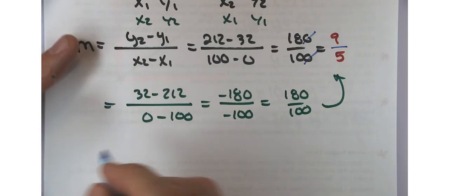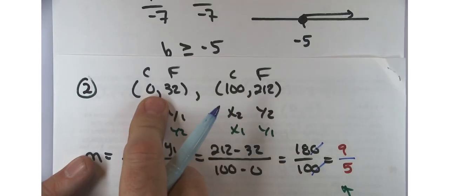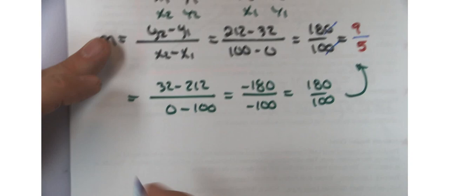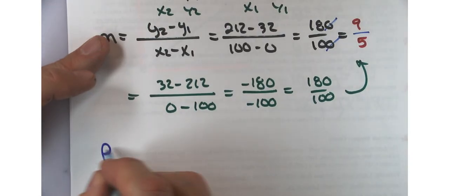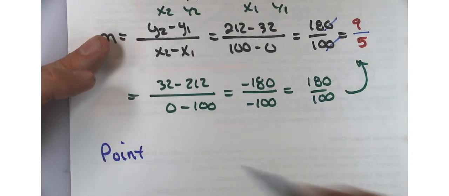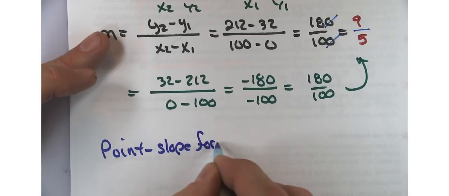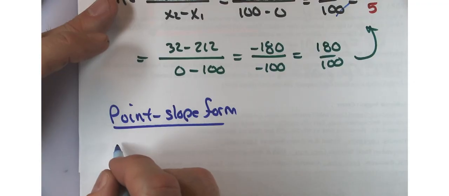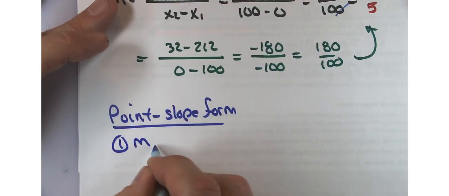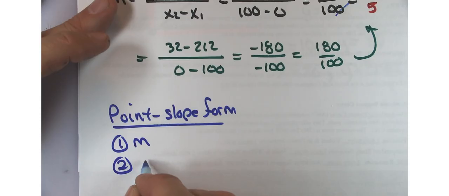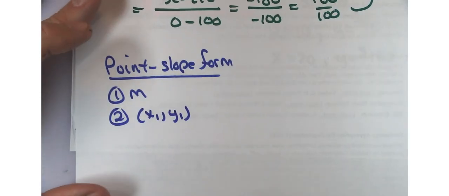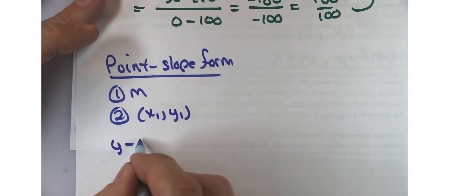If I have at least a point and a slope, then I can do this. Point slope form of a line is this. It assumes you have an m and assumes you have x1 and y1. If I know both of those, I can plug this into an equation.